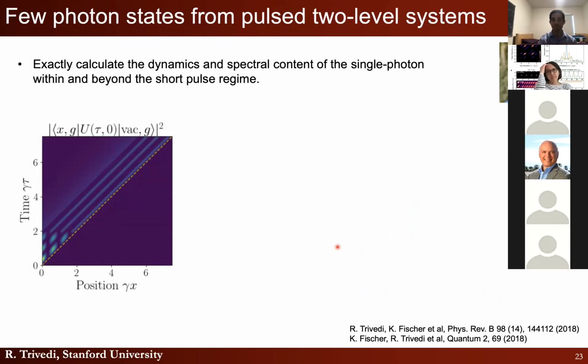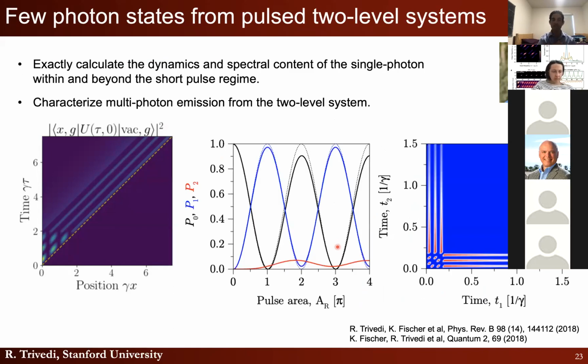We could in fact characterize the photons coming out as a function of space as well as time. As time evolves, we could calculate the photon that's coming out as a function of space. More interestingly, what we discovered was that you could actually use this two-level atom not only as a source of single photons, but also as a source of two or more photons based on the laser pulse.